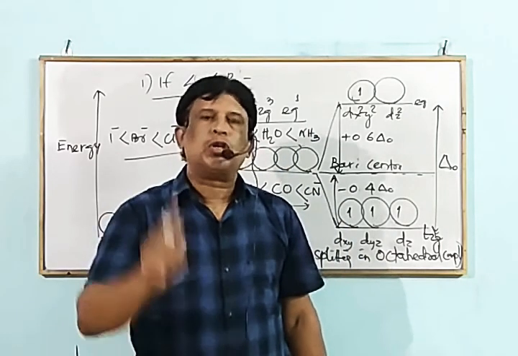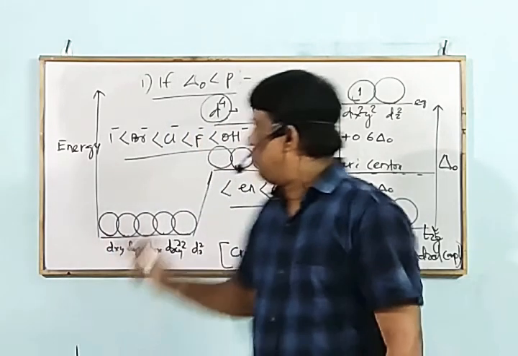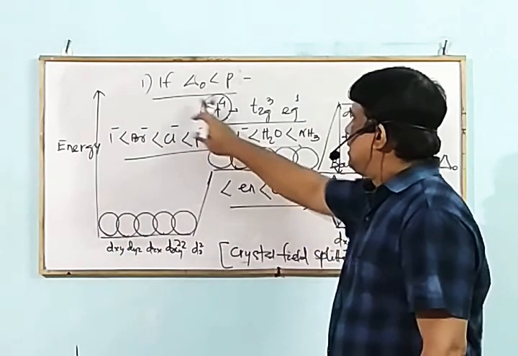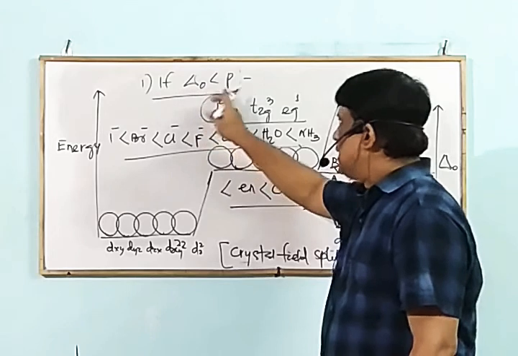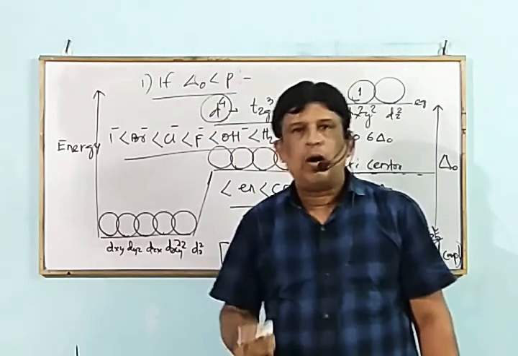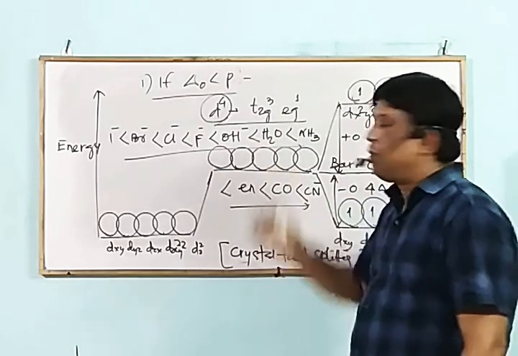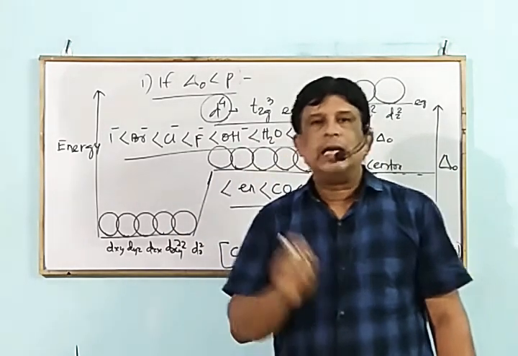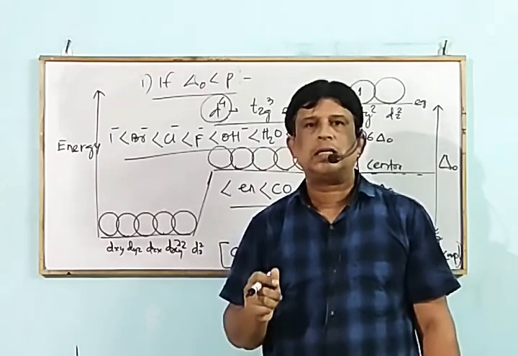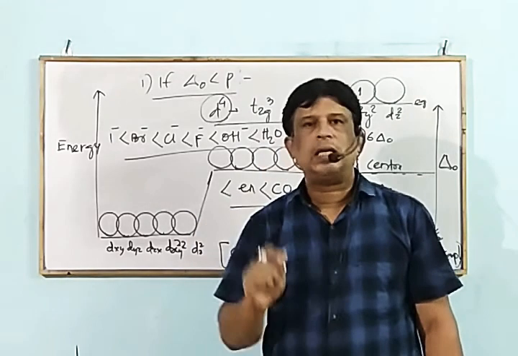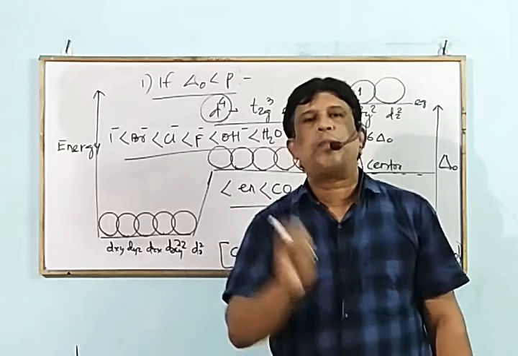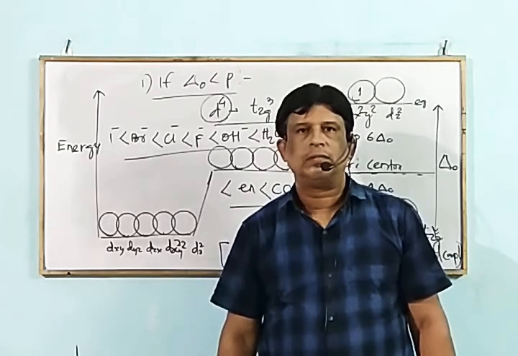So in the case of a weak field ligand, ΔO is less than P. In that case, an outer orbital complex is formed, a spin free complex, and the maximum chance is a paramagnetic character.